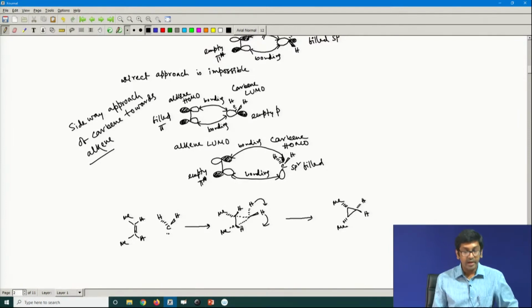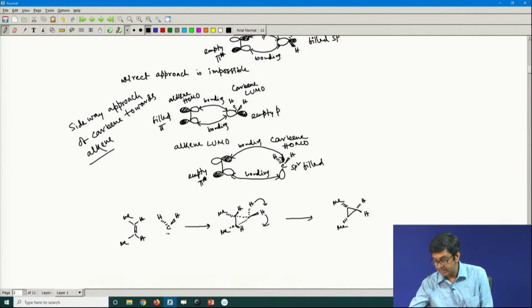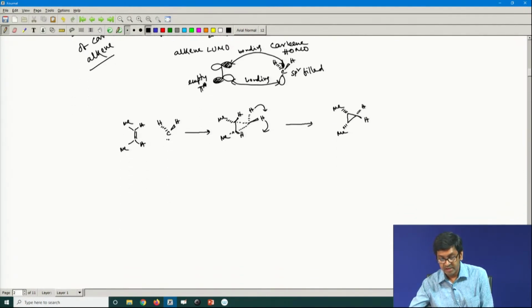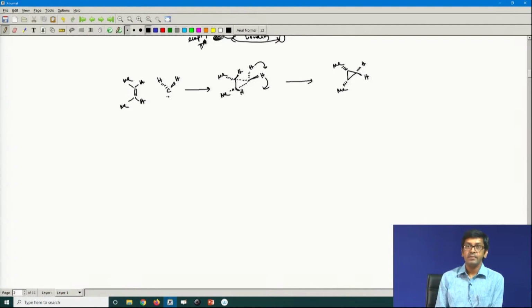Now, another question was there in the forum, that what is this dimerization of carbene, that we will discuss, and then why this dimerization is not happening for these N-heterocyclic carbenes, and of course, why this type of carbenes are stable, or why this type of carbenes are called persistent carbenes, that we will discuss.